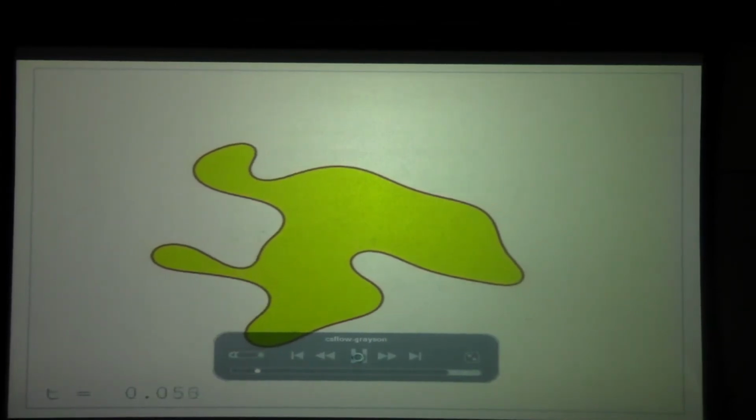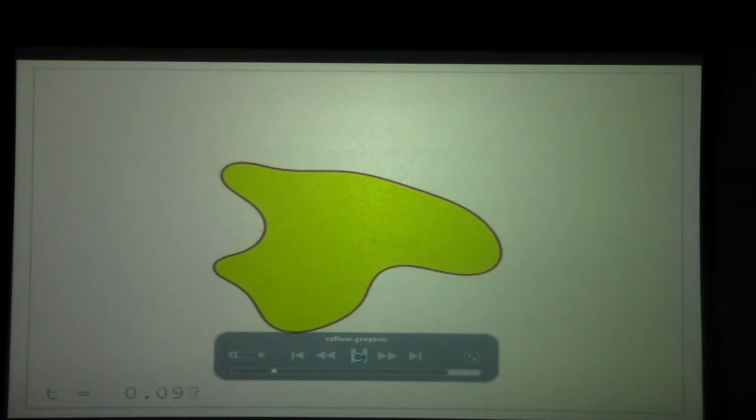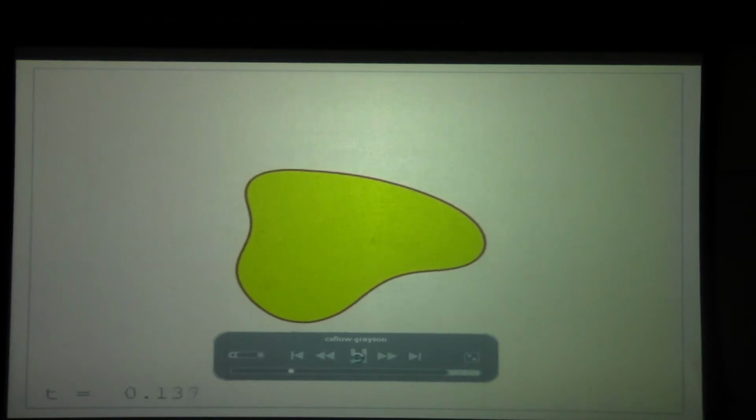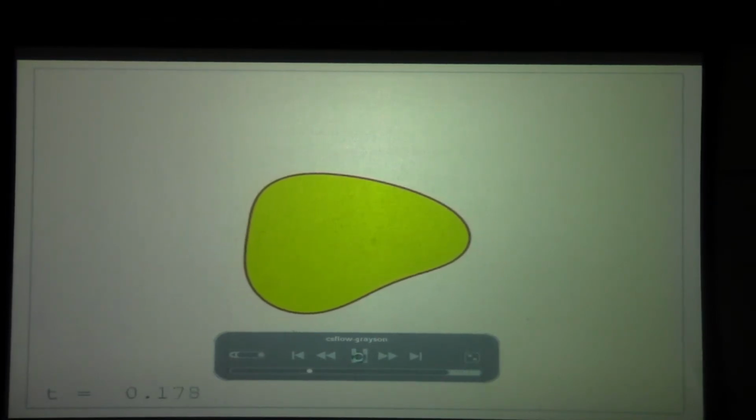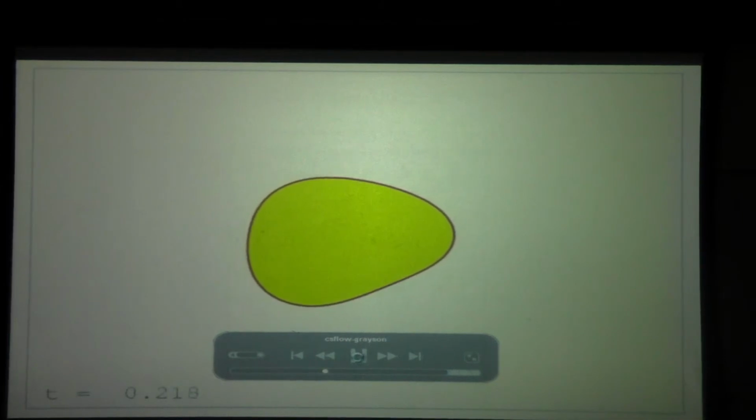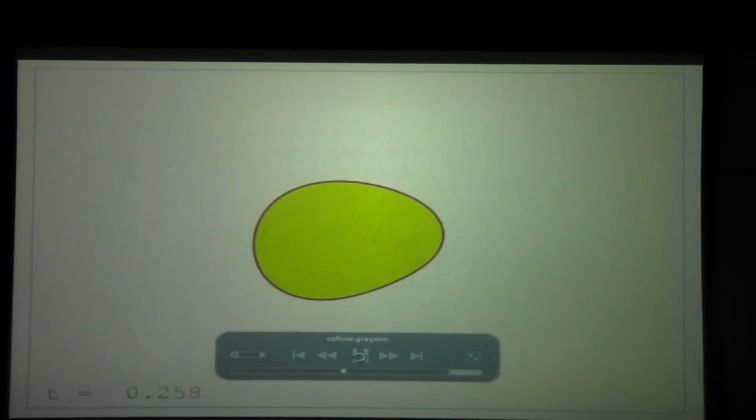You see that the initial evolution is very quick. All the high curvature parts are moving quickly because high curvature means high velocity. So those disappear quickly, and then suddenly it has become convex. Now, according to Gage and Hamilton, if you look at this long enough, it should become rounder and rounder and shrink to something that looks like a circle. Okay, so there it goes.